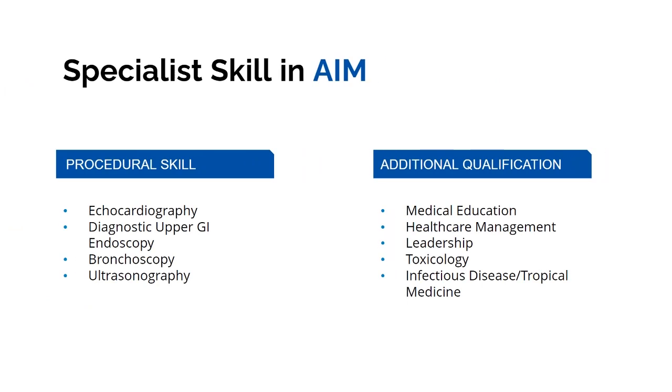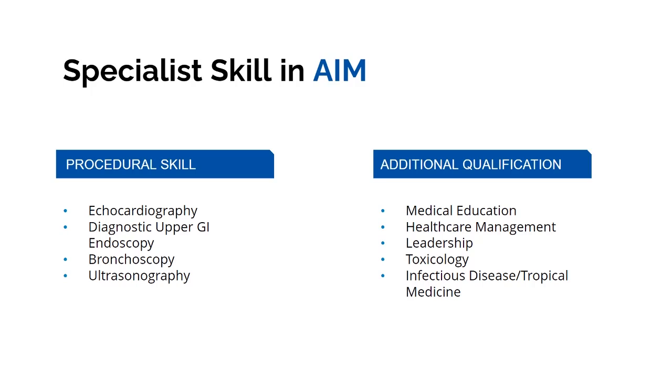So this is the list of specialist skills that you can obtain as an acute internal medicine registrar, and then you can make your work profile as a consultant as well. So procedural skill, it could be additional qualification. In procedural skill, you can see you can pick up echocardiography as your specialist skill. So you'll be an acute internal medicine specialist, and at the same time, you can do echocardiography.